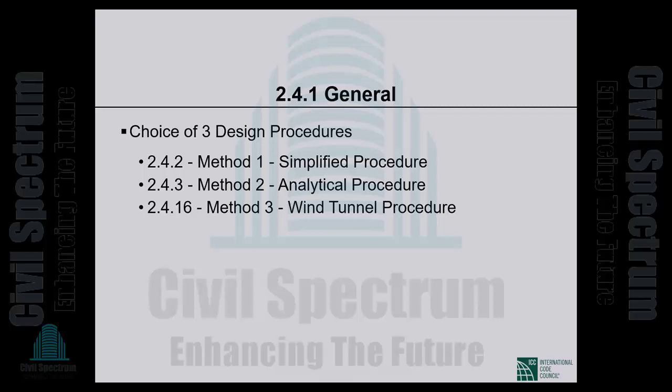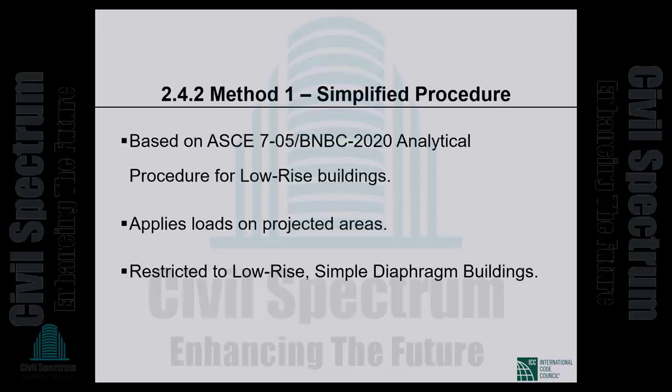The important thing is that under method 2, analytical procedure, there are two distinct and separate methods: the all heights method and the low-rise analytical procedure. If you design the same building by the two procedures, you will not get the same answers. They are distinct and separate. Okay. Also, very importantly, the simplified procedure is a simplified version of the low-rise analytical procedure. Okay, that is kind of important. There is major resemblance between the two as a result.